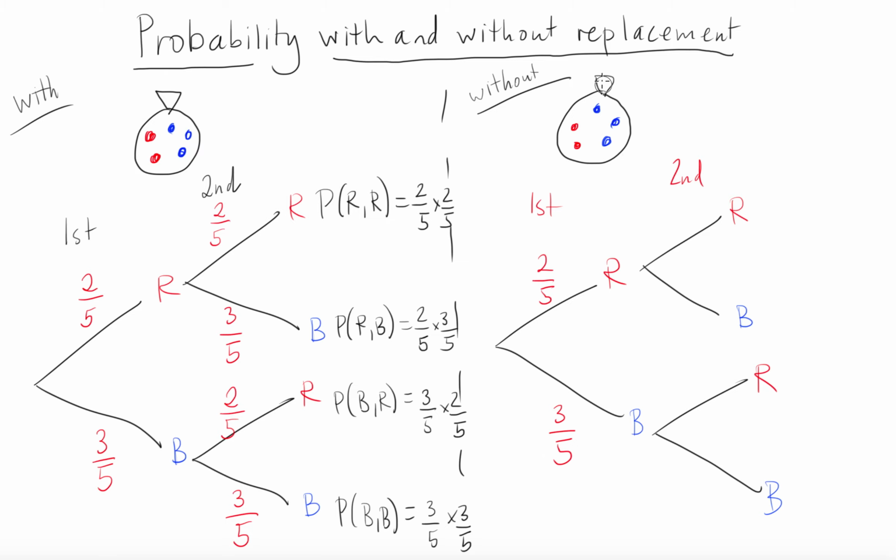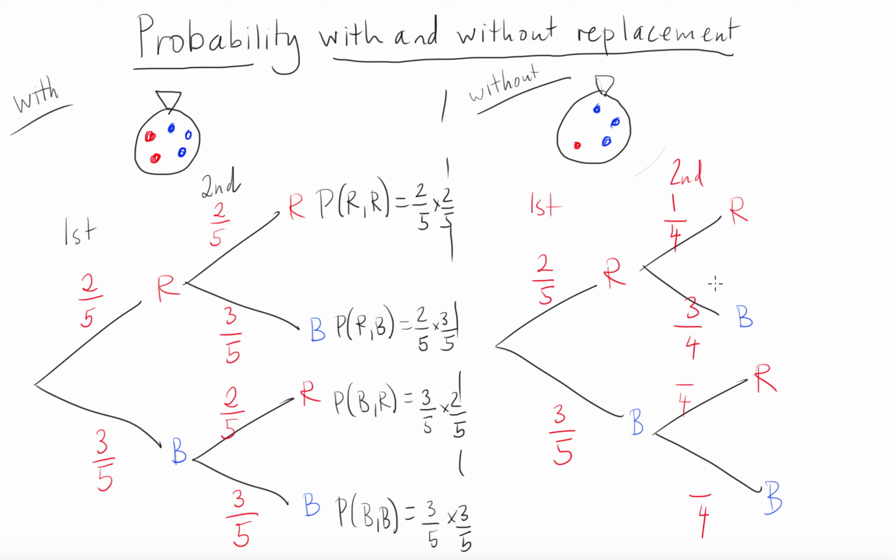However, if I've drawn a red ball and I don't replace it, then there's only going to be in the second draw 1 red ball out of 4 in total. So the total changes to 4 in all branches. If I draw a red ball, then there's going to be 3 balls left.